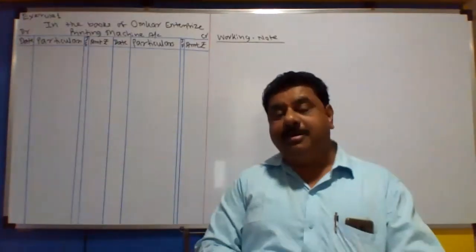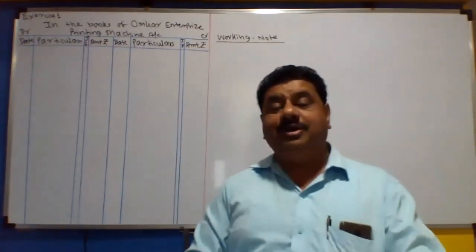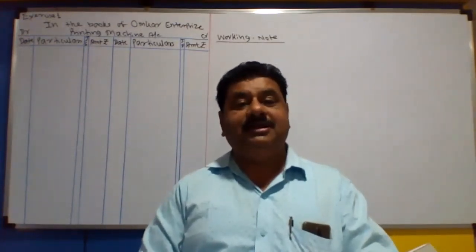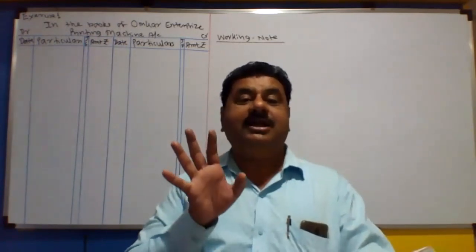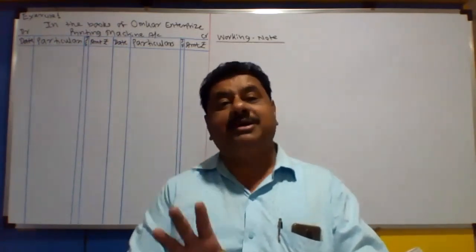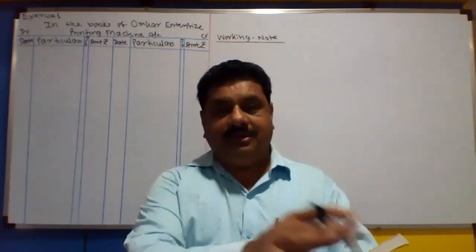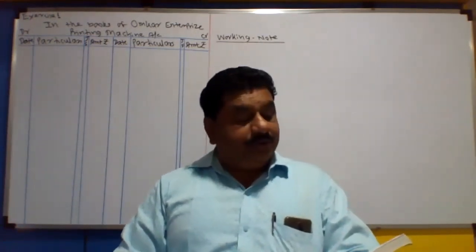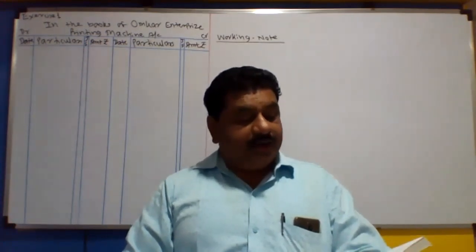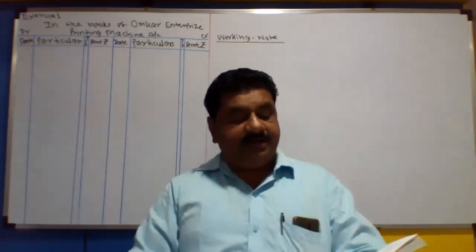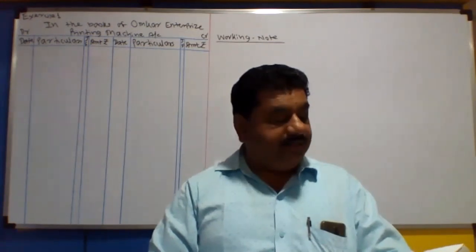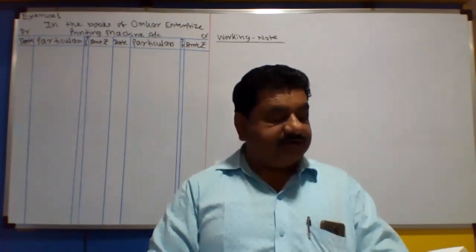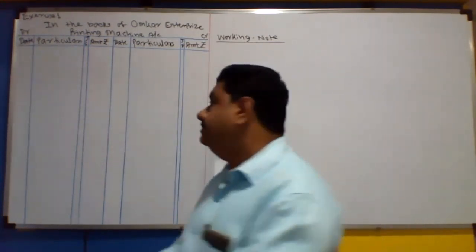I told you, do you remember that we are going to prepare working notes simultaneously to make it easy for calculations. Calculation part सोपा जावा म्हणून आपण असं करणार आहोत. Here there are two machines which are taken. So Onkar Enterprise Jalgaon acquired a printing machine 75,000 on October 2015 and spent 5,000 for its transport and installation.